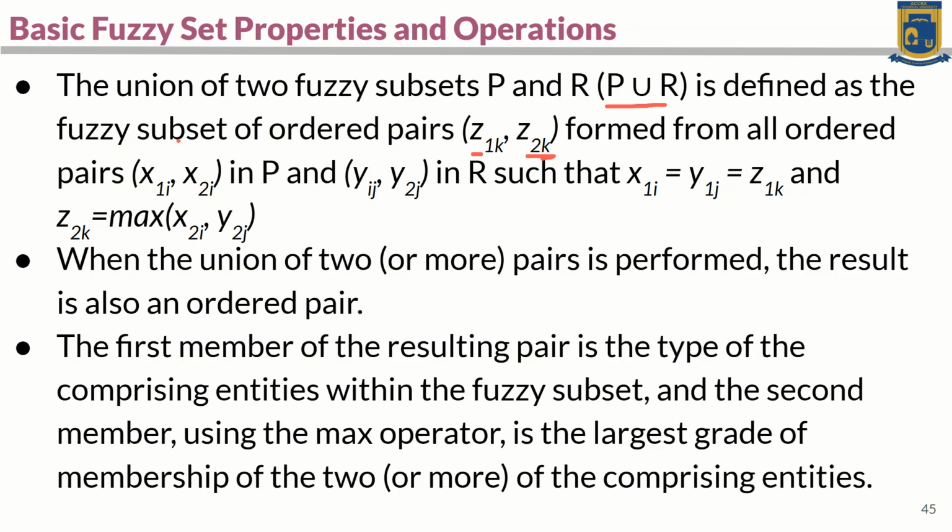So he's saying a subset of ordered pairs, formed from all ordered pairs in P and R such that the members have to be the same. So if you are considering Kofi in set 1, you have to consider Kofi in set 2. You can't consider Kofi in set 1 and compare to Kwame in set 2.